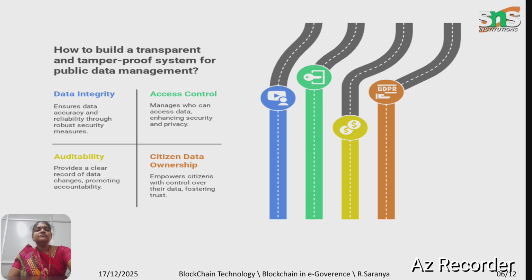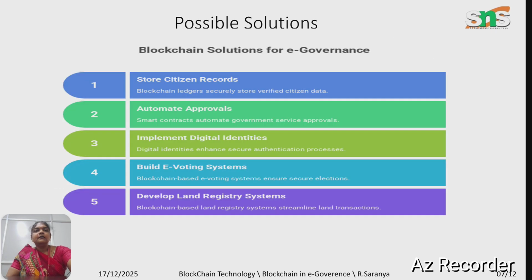So based on the user we will be validating their user details, and the access will be provided. So citizens can get ownership of their own data, which empowers citizens with control over the data and fosters trust.